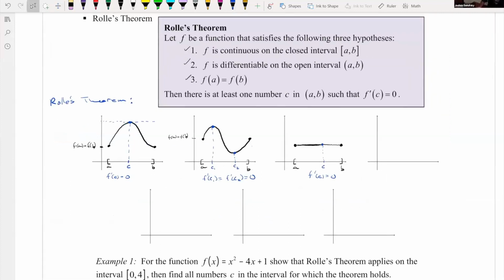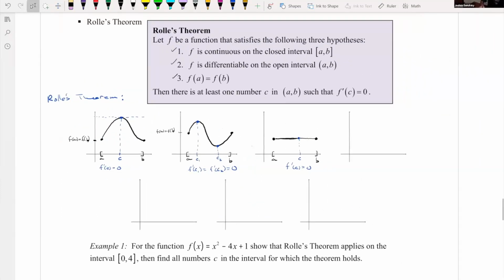Now, what happens if we lose one of the three criteria? Well, then Rolle's does not apply, and let's see what that looks like. So I'm just going to write, if Rolle's hypotheses are not met.